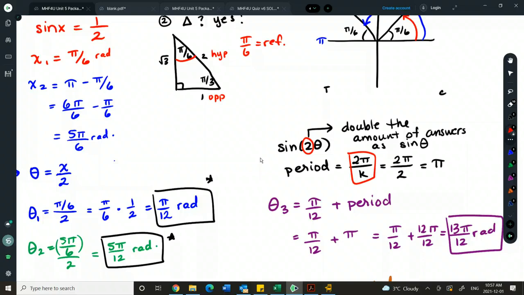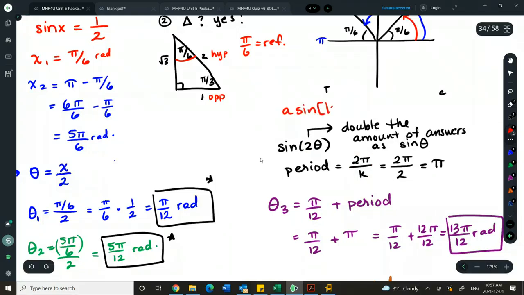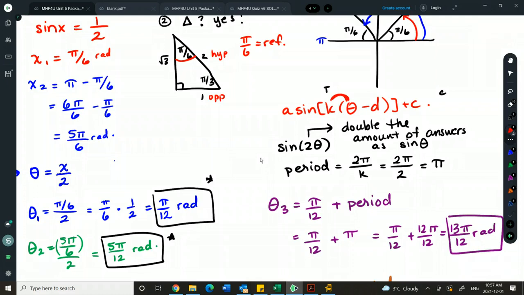How do you know that 2 is the k? Well, if I have a times sine k, let's say theta minus d plus c, k is the multiple that's inside the brackets. So I know that this must be a k value, right? It's not an addition or subtraction, and it's not outside like an a value would be.